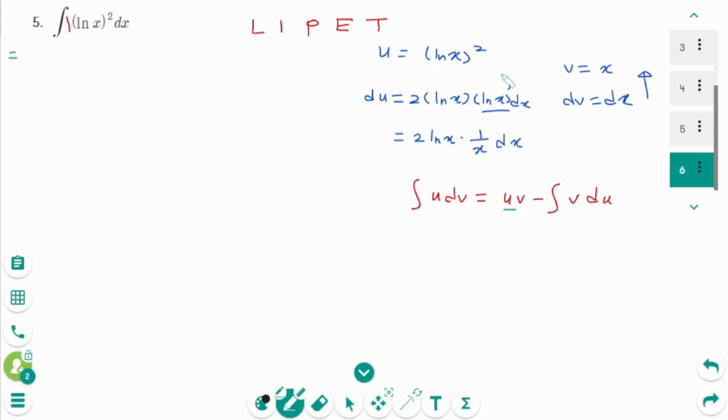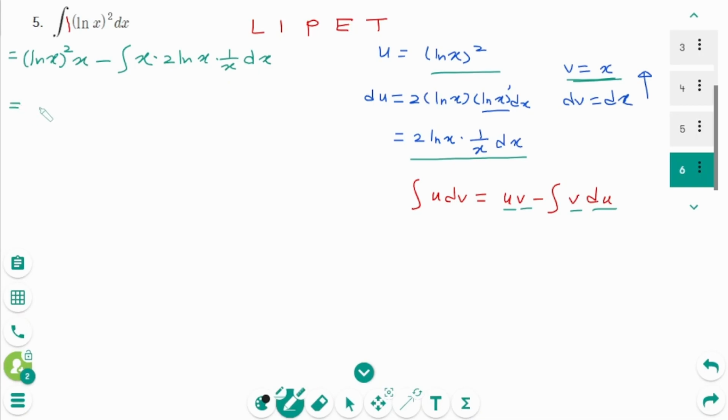u means ln x squared. v equals x minus the integral of v equals x, du equals 2 ln x times 1 over x dx.